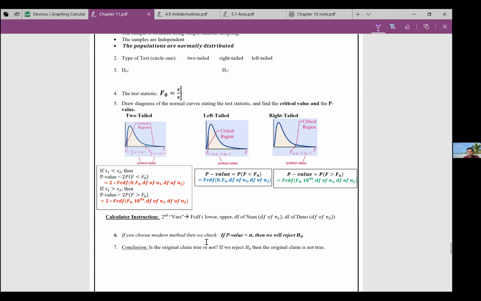All right, any questions or comments on this table, on this page, before we take a look at a couple of examples?